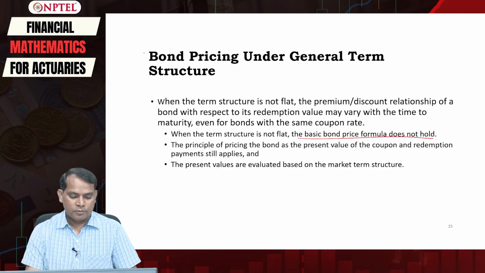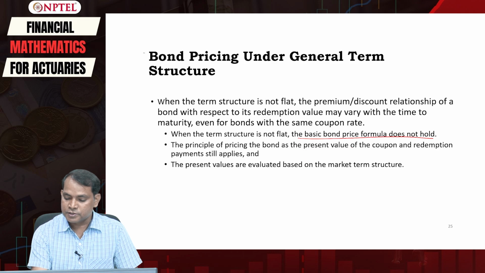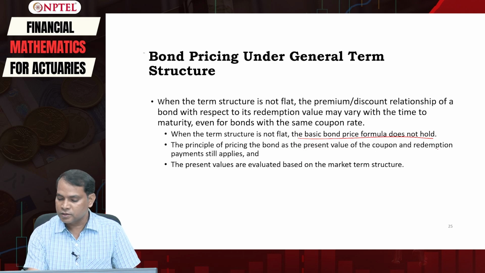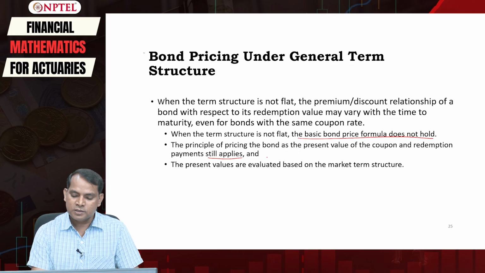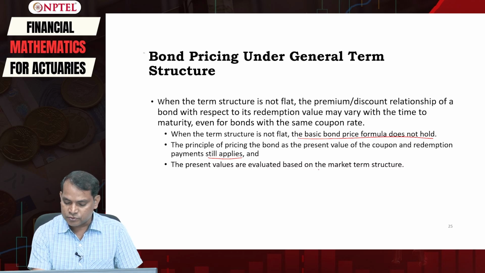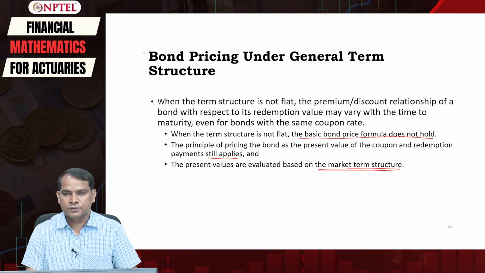But the principle of pricing of bond at the present value of the coupon and the redemption payment still applies. So, we can apply the present value calculation method here, and the present values are evaluated based on the market term structure.